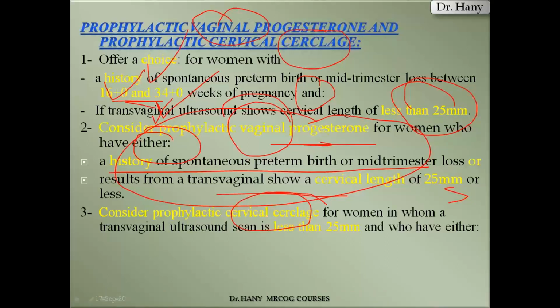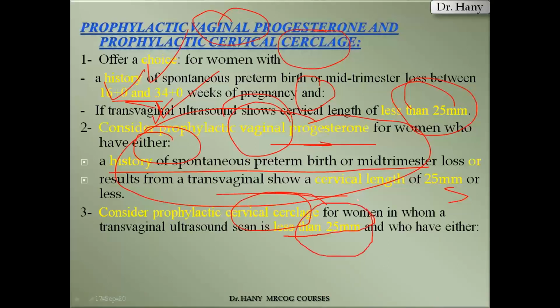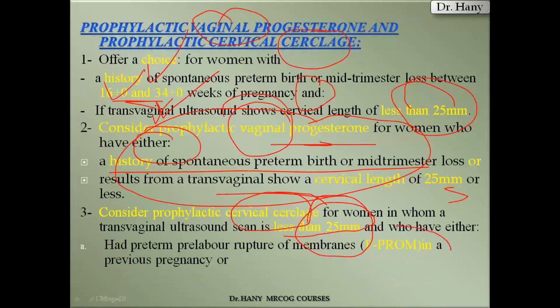So, when to think about cervical cerclage? If the woman has a transvaginal ultrasound and this scan shows a cervical length of less than 25, and she has a history of preterm pre-labor rupture of membranes, or cervical injury like a previous cerclage, or a history of cervical trauma, like a history of LEEP.